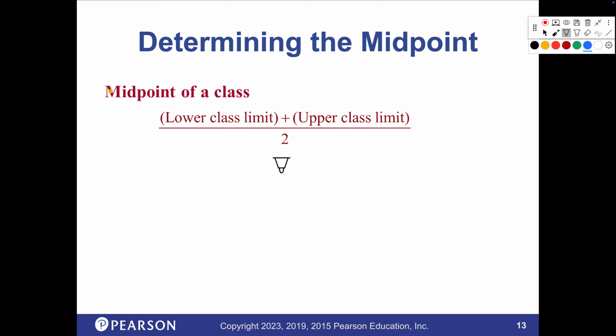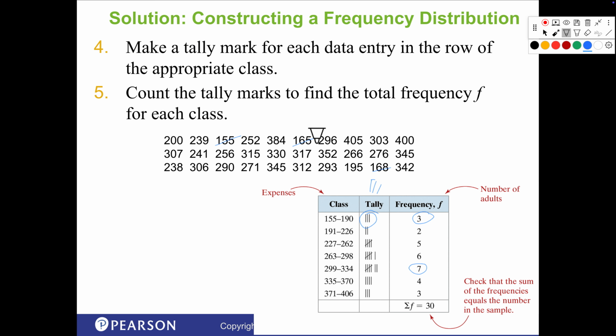Another important point once we have a frequency table, because we're going to use this for the graphs, is the midpoint of a class. How do you think we're going to get the midpoint of a class? Lower plus the upper divided by 2, right? Because if you add 2 things together and divide by 2, you'll get halfway between them. So on this one, 155 plus 190, we divide it by 2.